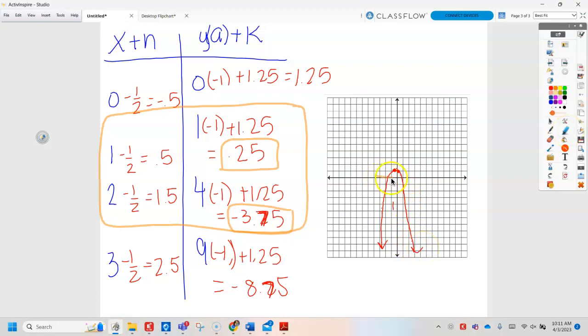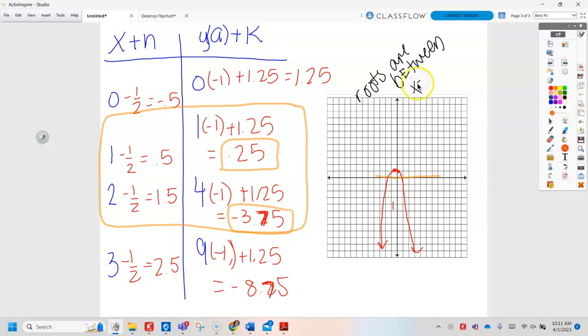Once again, roots come from this line. So looking really closely, your roots are between, and I picked this one because I want you to see it in that table too. If you made the table, you look for the change from positive to negative, and then it's your x values.